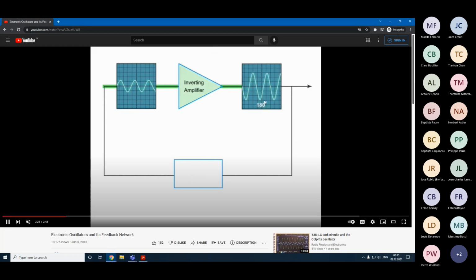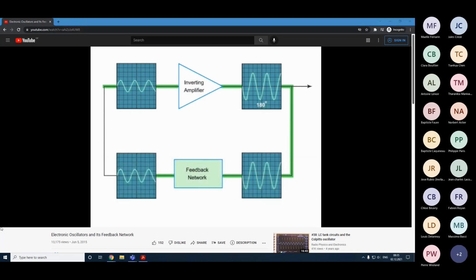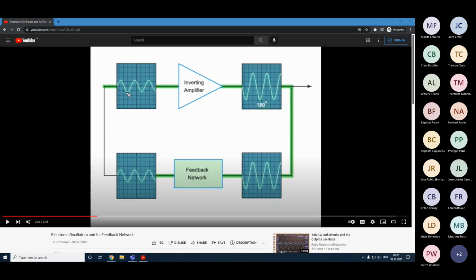Yes, so we change the phase by 180 degrees. And here this feedback network changes it again by 180 degrees so that they are in phase. So basically we have the same phase. And basically also it makes the signal weaker as such, because this feedback network has only passive components such as capacitors, inductors, resistors, and so forth.